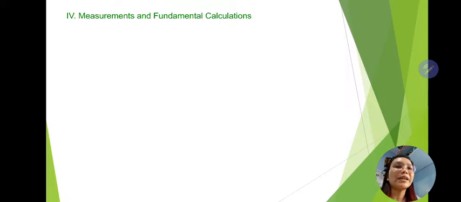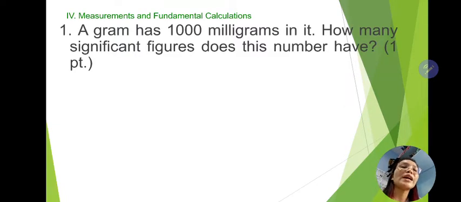Next, we have the measurements and fundamental calculations. This one is our conversion of units, or unit conversion. So, from 1,000 milligrams, how many significant figures does this number have?